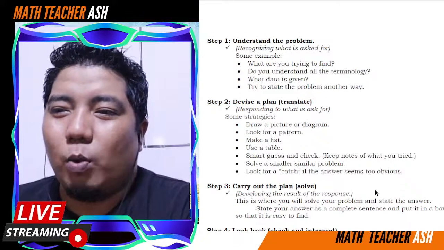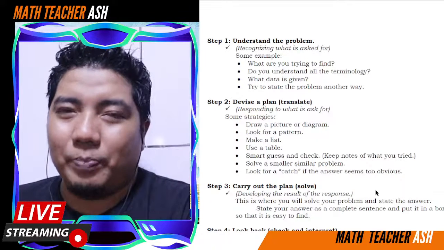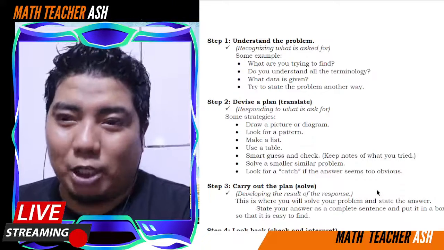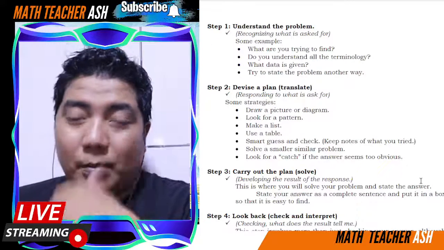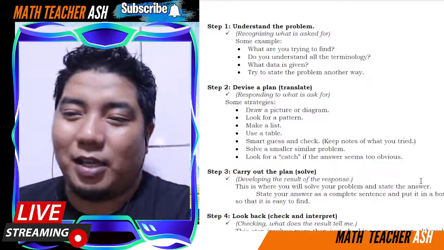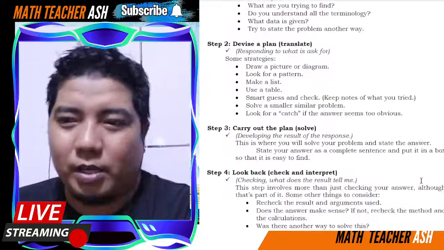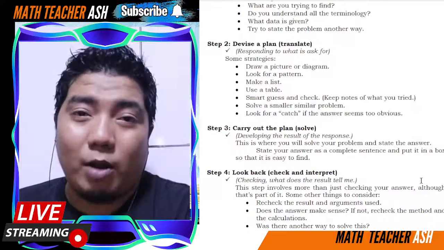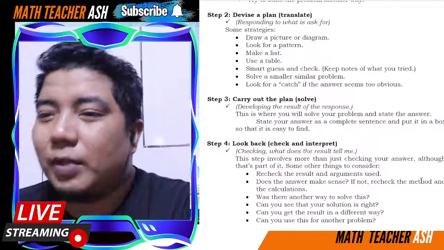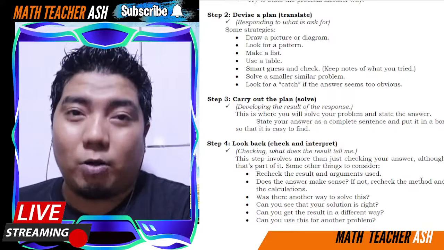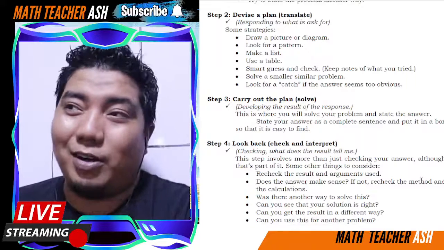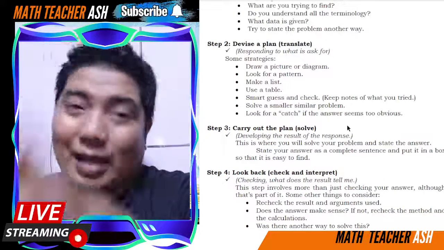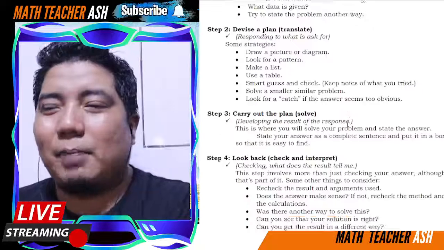By knowing the problem and the given, you will devise a plan. How will you solve it? You can make pictures, make a pattern, or make a list, depending on you. For me, sometimes I make drawings, especially when the problems are geometry. But for algebra, I make equations or representations like let x be or let y be, so at least you know what you are representing in solving the problem.